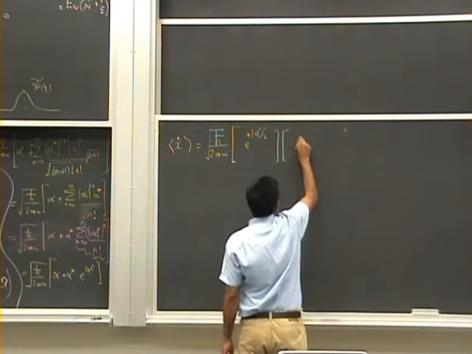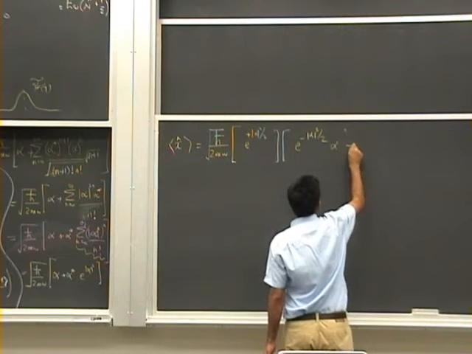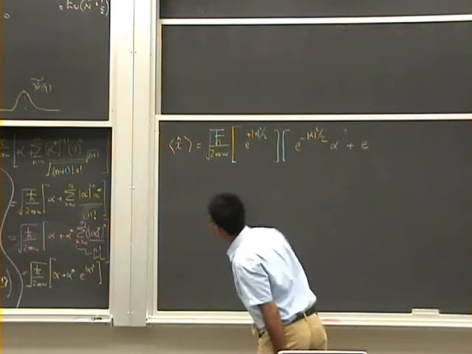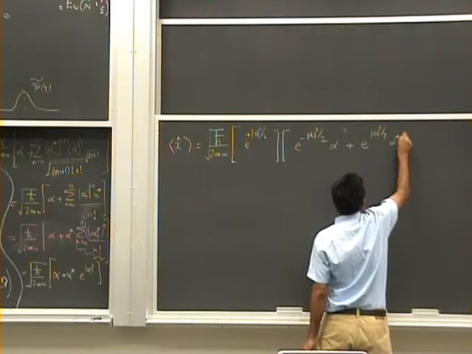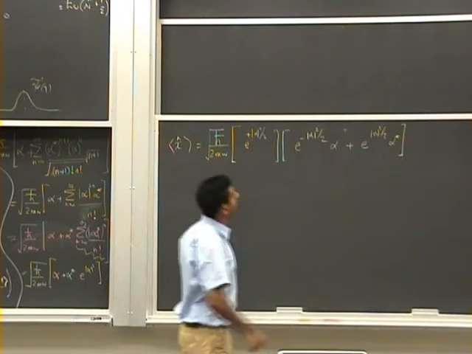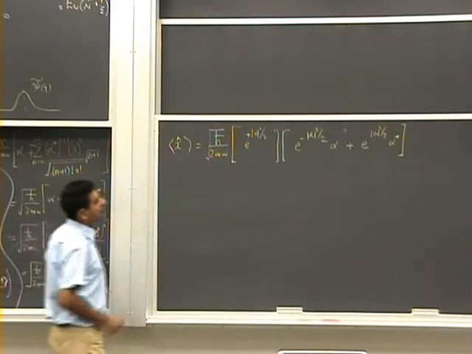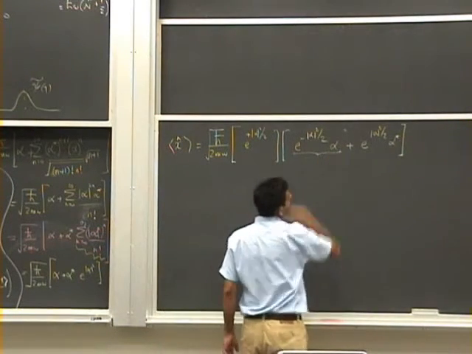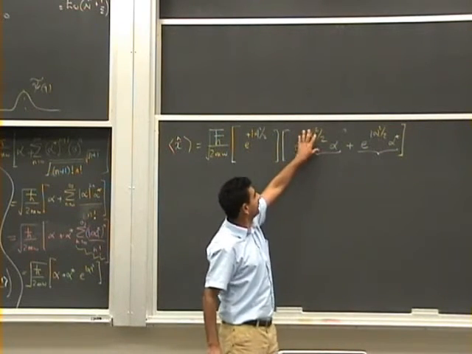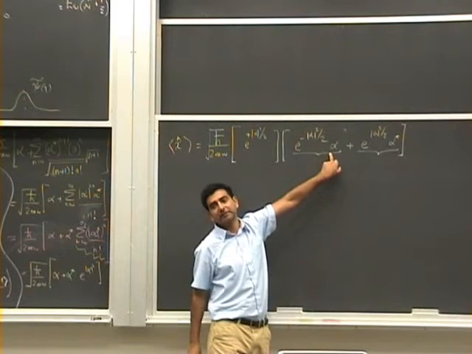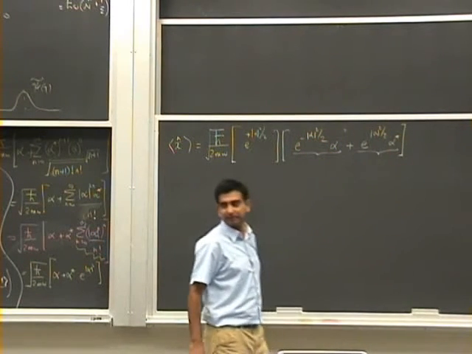This becomes e raised to minus alpha mod square over 2 into alpha plus e raised to alpha mod square over 2 alpha star. Correct? Now this is a complex number and this is a complex conjugate. This number is just real. So a real number is being multiplied by a complex number. I have a complex number here and I have its conjugate here.